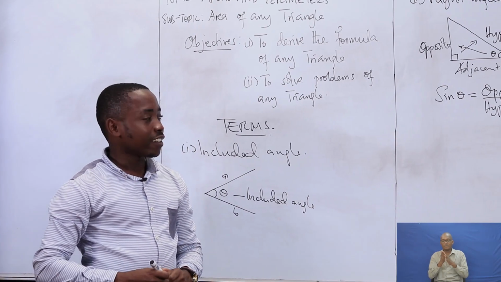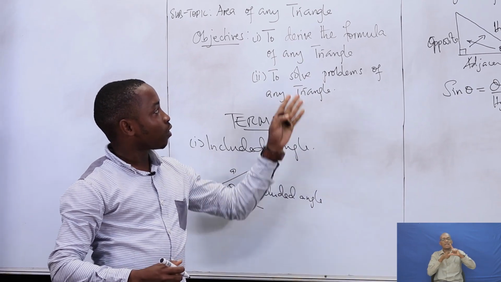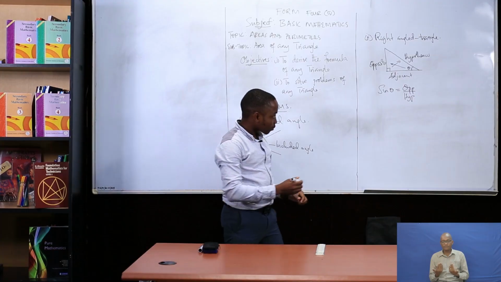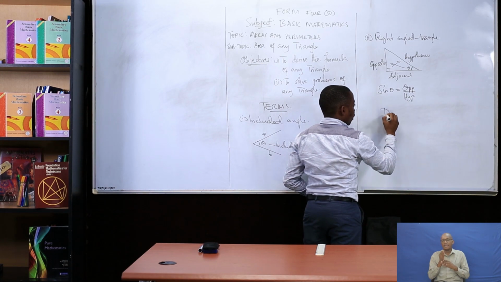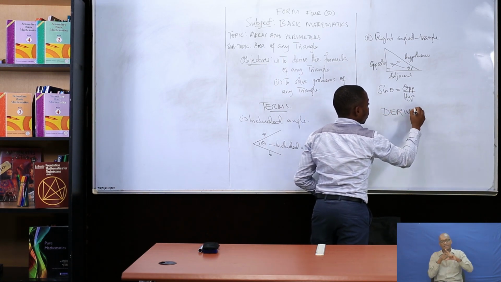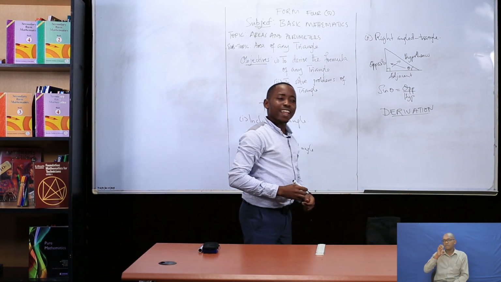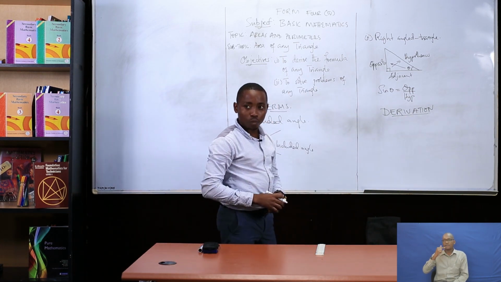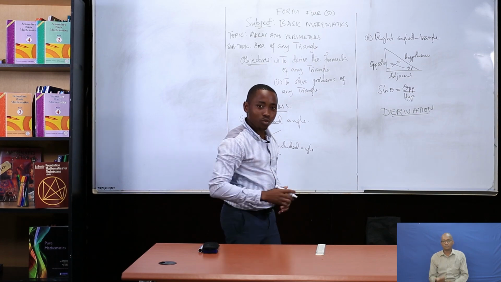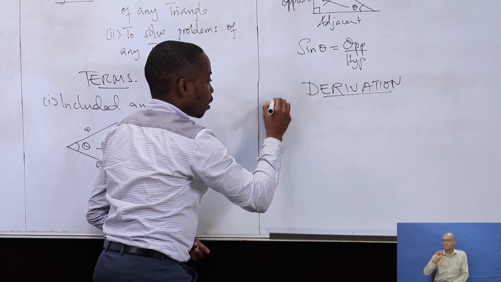Now, let us derive the formula of any triangle. Consider the derivation of our formula. Consider any scalene triangle. Let's say we have our scalene triangle as the following.